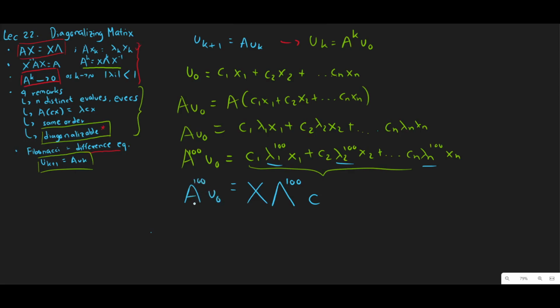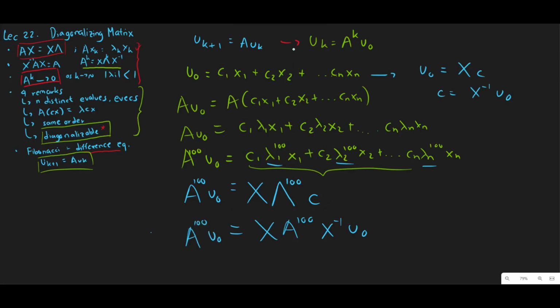And actually in the book it goes further and defines c. If you go from here, we can define u0 as X times c, and then we can define c as X inverse u0, so we can also express this in terms of X inverse and u0.